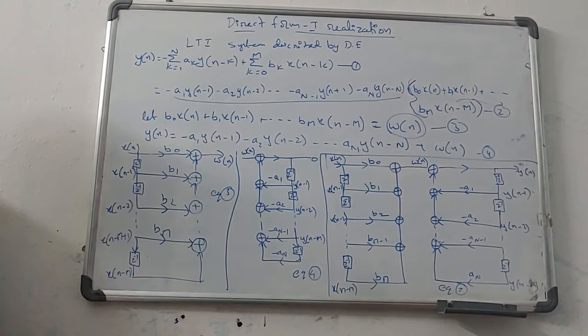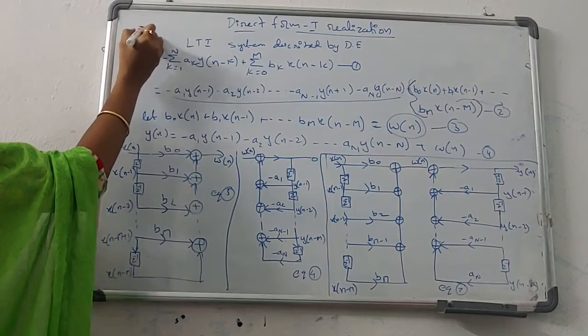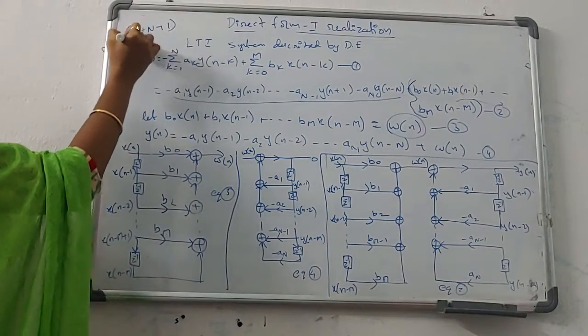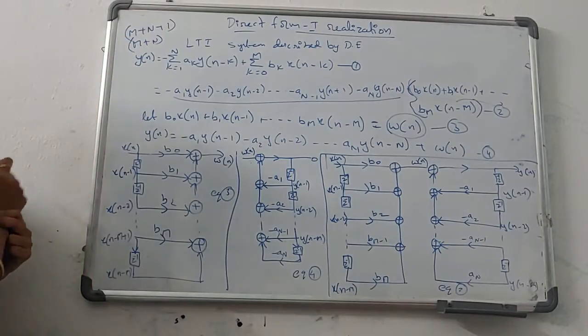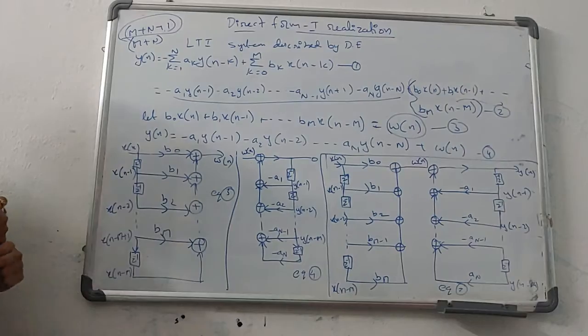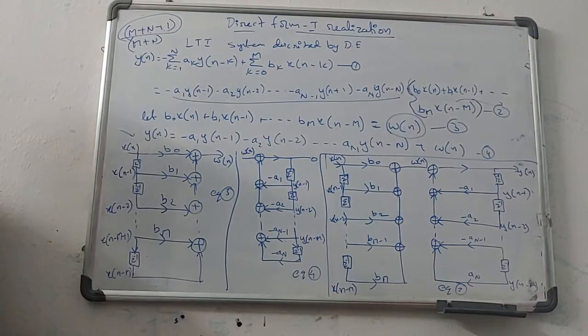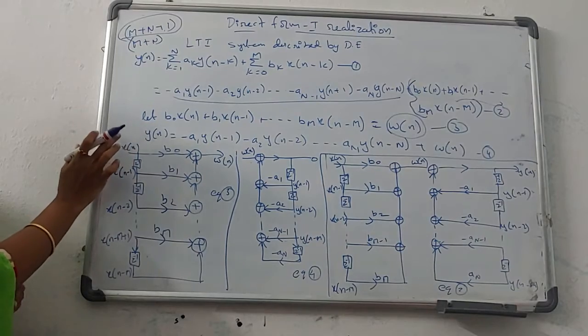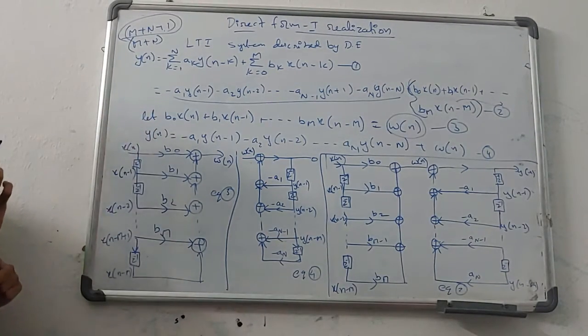For direct form 1 we have M plus N plus 1 multiplications, M plus N additions and M plus N plus 1 memory locations. Now realize these equations: this is equation 2, equation 3, equation 4.